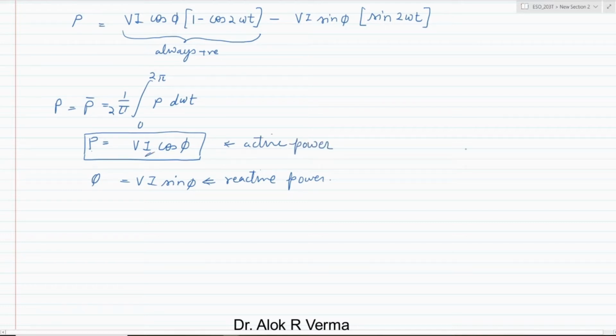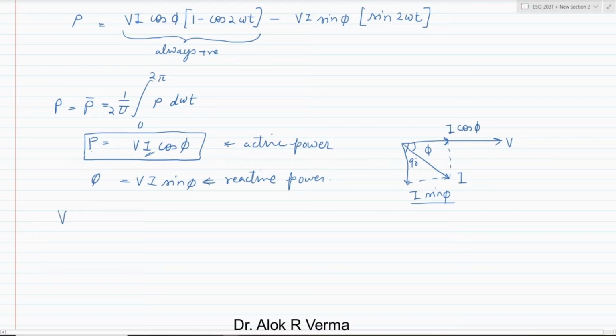If you see, the current I has two components: this is the I cos phi component and this is the I sin phi component. The average active power P is V into I cos phi, which is in the same phase, and I sin phi has a 90-degree phase shift.